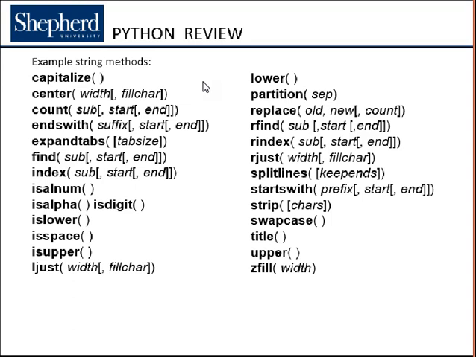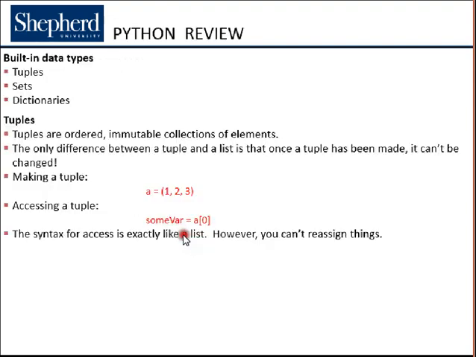We can send everything to capital letters, we can send everything to lowercase, we can pick a substring out of a string. We can find if a string has certain set of characters in it, and so on. And here's all of the various string functions that were in the tutorial. They're just here as a reference for you.